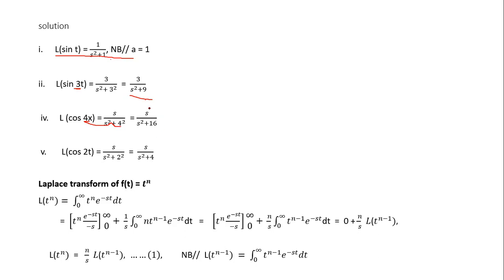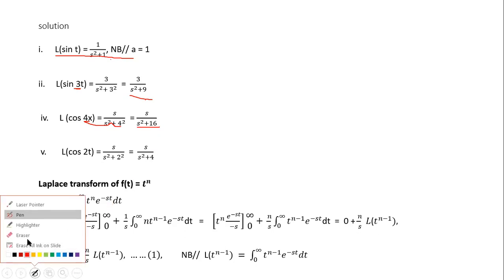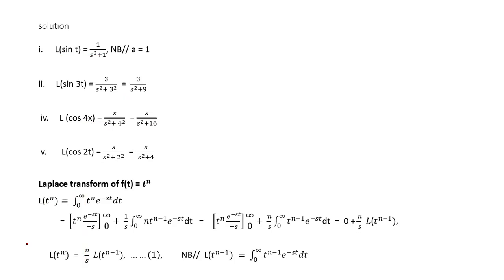And this one now will give us s over s squared plus 16. That's the Laplace for cos. Don't forget the cos is s over s squared plus a squared, and sin is a over s squared plus a squared. So the difference between them is a and s for the numerator.